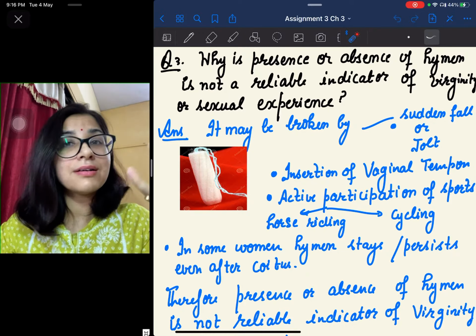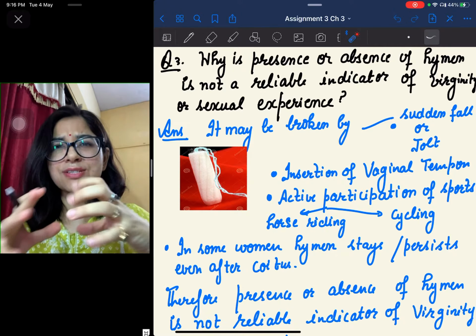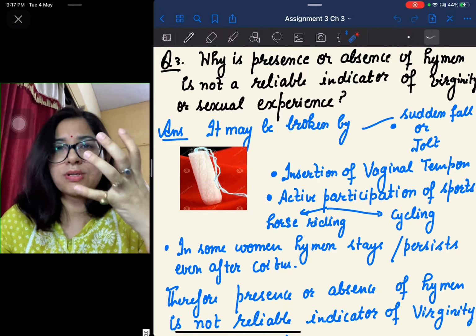Now you need to understand that hymen can be broken when you ride a bicycle, sometimes with a very vigorous, powerful jolt, मतलब एकदम धक्का लगता है, or when you are doing some powerful exercise, sometimes due to horse riding, and sometimes due to a very special point which these days females are using, that is the vaginal tampon. It is a pad-like structure that is used during menstruation times.